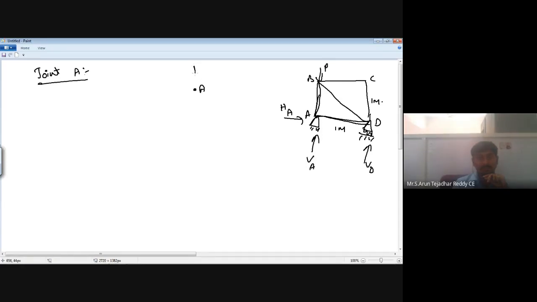At joint A, one vertical member and one horizontal member are acting.